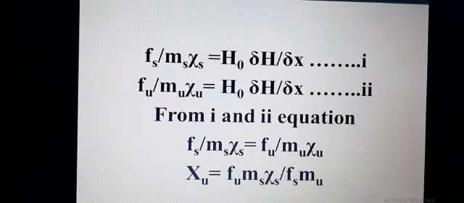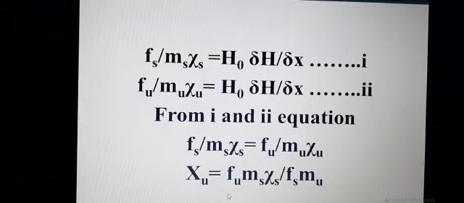So from the first and the second equation, on the right side, H0 ∂H/∂x is constant in these two equations. So the left side terms become equal.